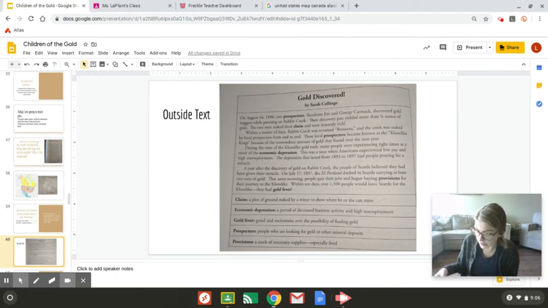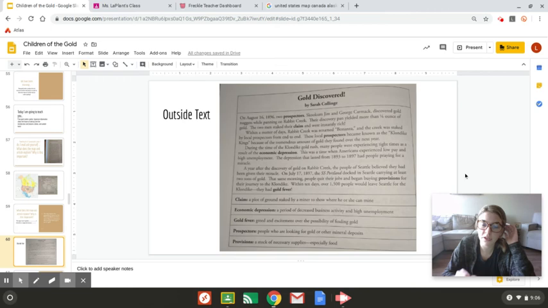On July 17th, 1897, the SS Portland docked in Seattle carrying at least 2 tons of gold. The same morning, people quit their jobs and began buying provisions for their journey to Klondike. Within 10 days, over 1,500 people would leave Seattle for the Klondike. They had gold fever.